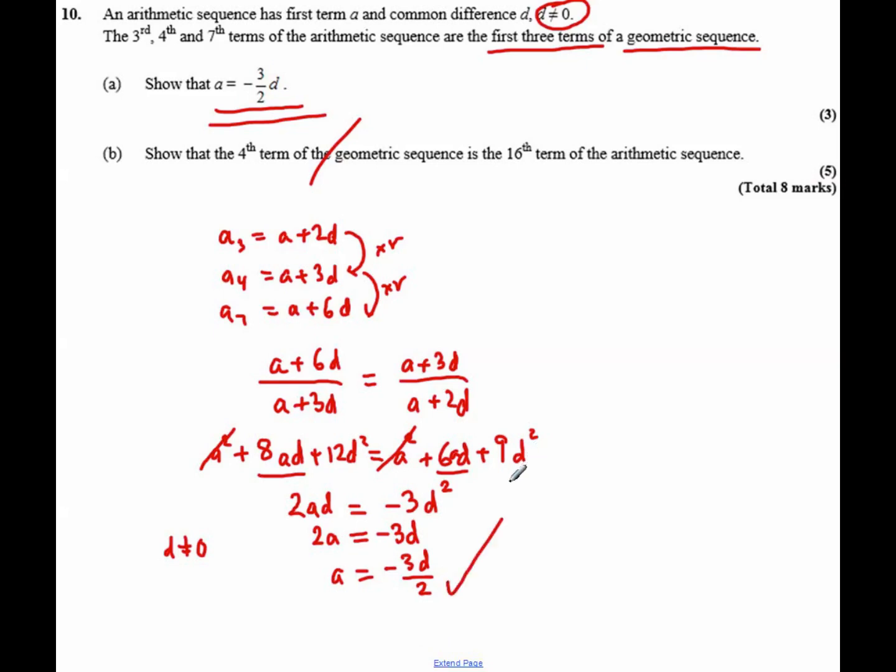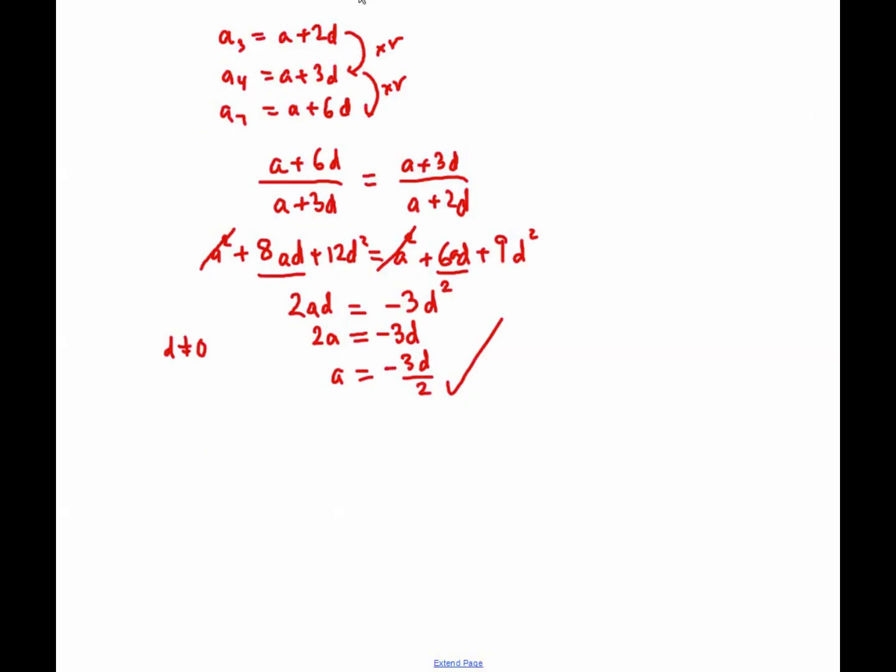Show that the fourth term of the geometric sequence is the 16th term of the arithmetic sequence. Well, the first thing we can do is find the next term of this sequence, and then we are going to find a16 and show that these things are the same.